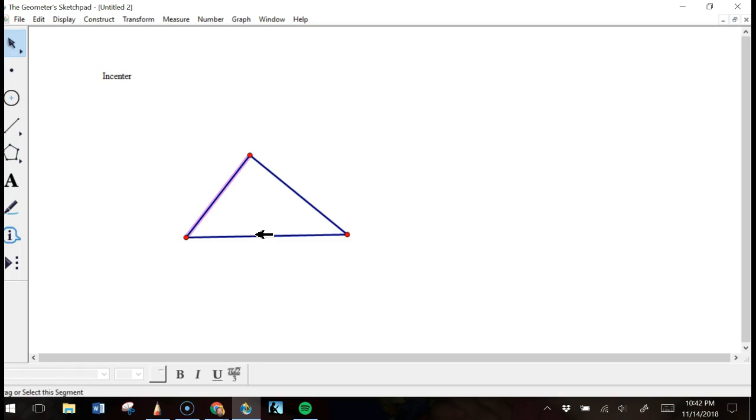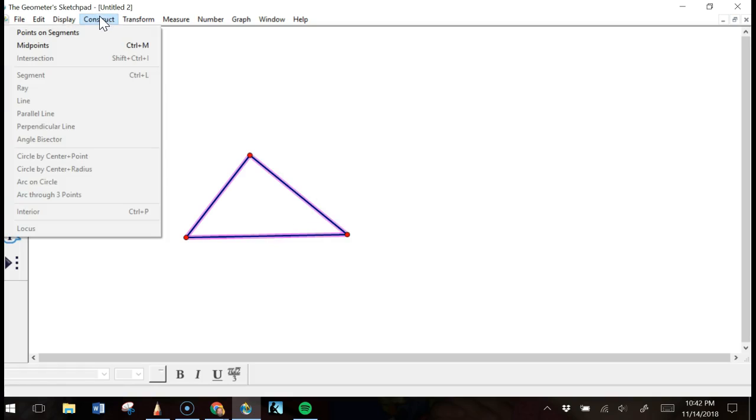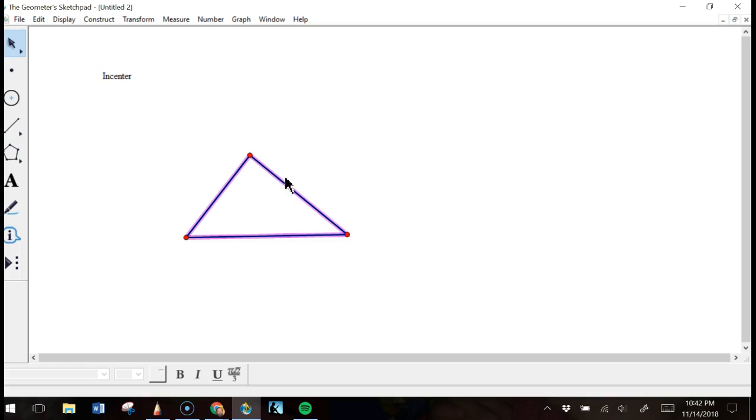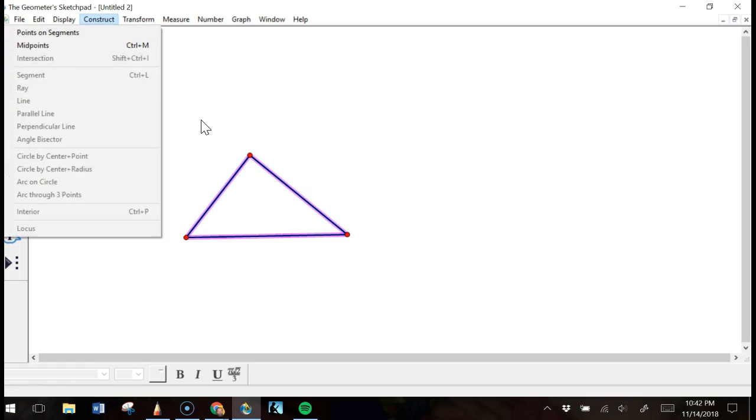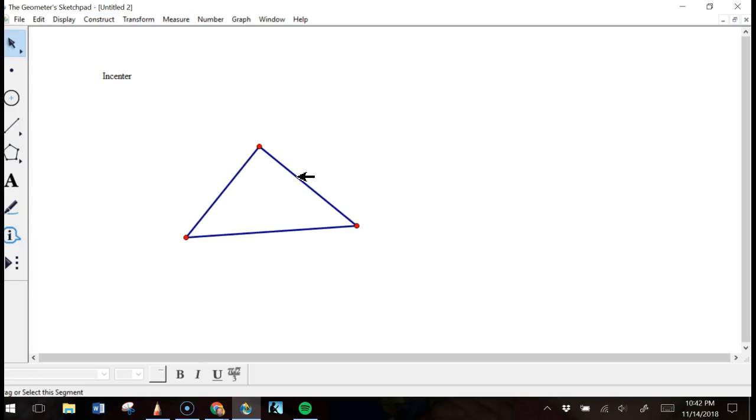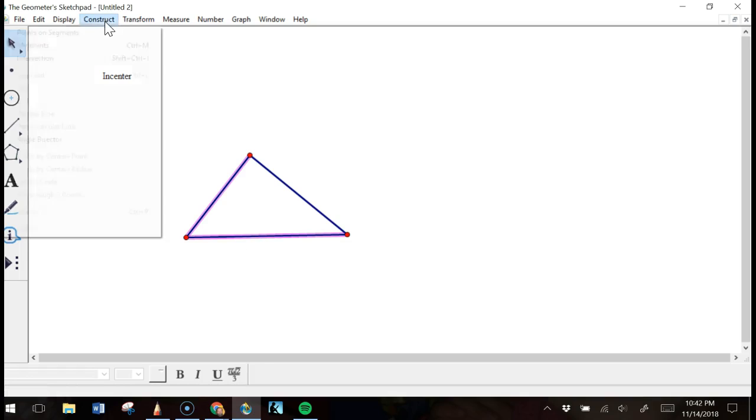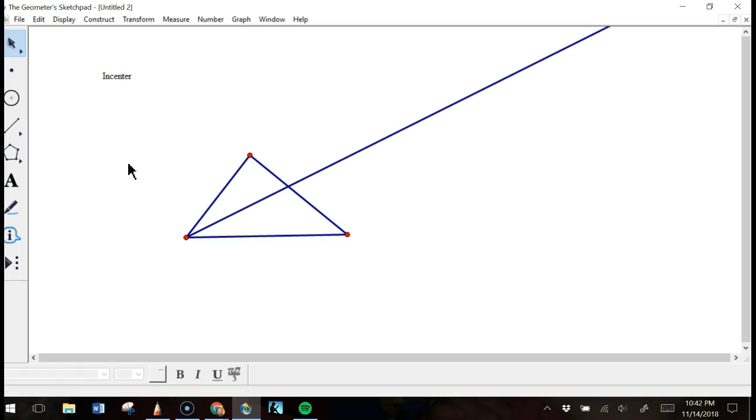If I grab all three lines and say construct, nope, gotta do it two at a time. So two of the lines, construct an angle bisector. So let's go 2. Construct the angle bisector. There's one of them. There's 2.